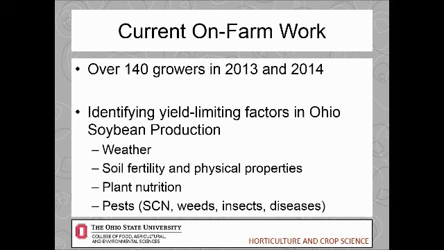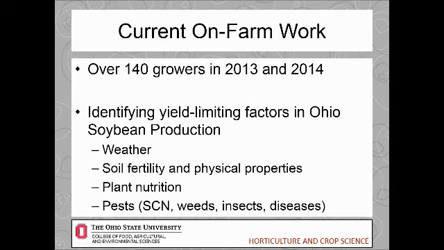So, like I said, our current on-farm work: we've sampled over 140 growers in 2013 and 2014 to identify yield limiting factors in Ohio for soybean production, and data we've collected includes weather, soil fertility and physical properties, plant nutrition, and pests. This includes soybean cyst nematode, weeds, insects, and diseases. So we're really getting a look at everything that goes into the production.